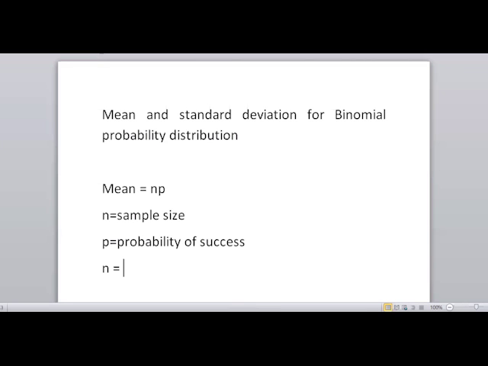And what was the probability p of success? What was the probability of finding someone with that type of cancer? It was 0.4.